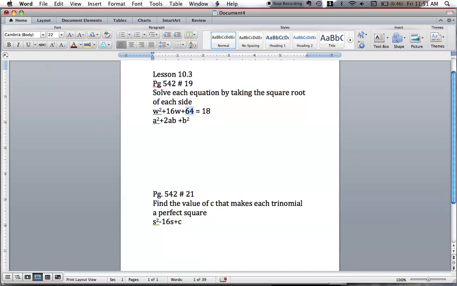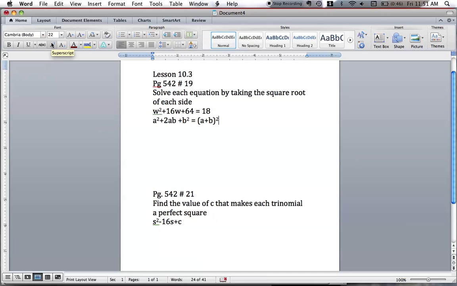So w times 8 times 2 is 16w, and it checks out. We get our middle term, 16w. So once we found that this is a perfect square trinomial, we know we can factor this as a plus b all squared.